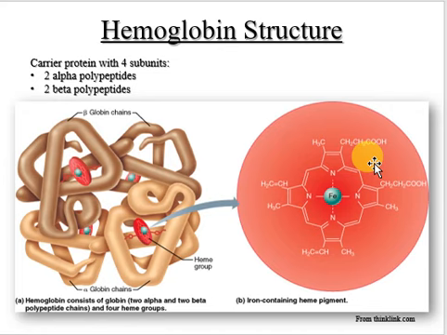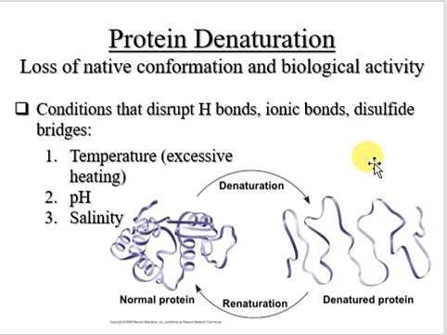Protein conformation also depends on environmental influences. So factors such as pH, salinity, chemical conditions, temperature, if those aspects of the environment are altered, that can affect the shape of the protein.